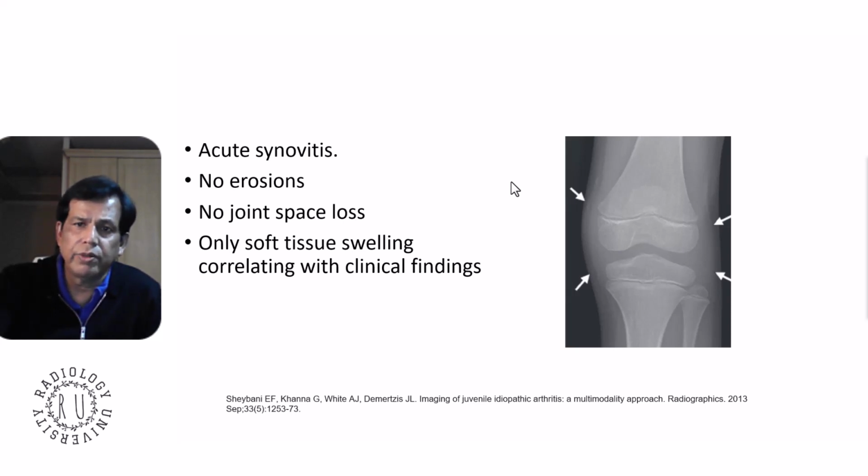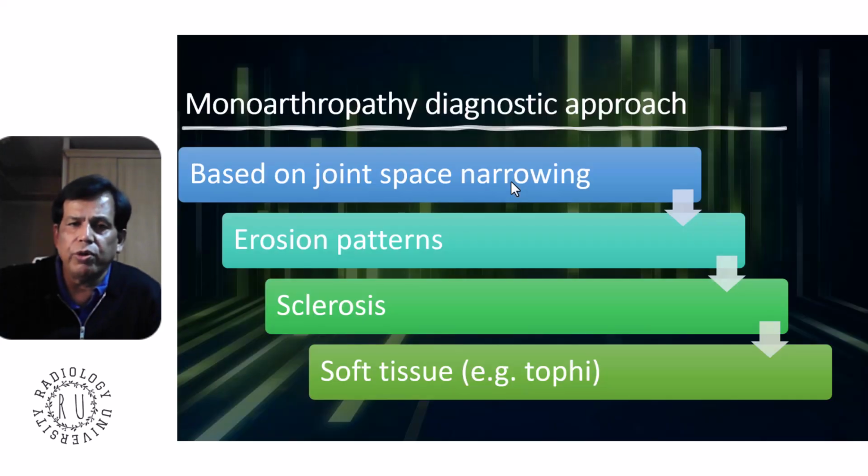Okay. So now, once we have seen many cases of monoarticular arthropathy, we should have a summarized approach to it. So if you get a monoarticular arthropathy, you will have an approach based on joint space narrowing, yes or no. Erosion, yes or no. Pattern of erosions, type of erosions: punched out, scalloped or sclerosing, or articular and subchondral.